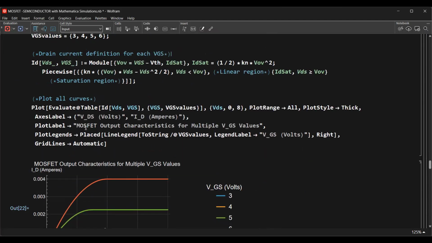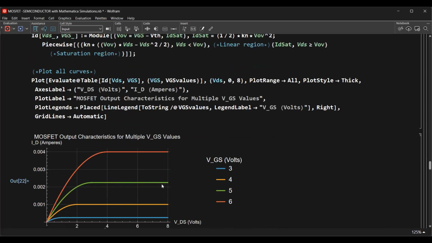Then plot all curves here. Evaluate a table of drain current for VDS and VGS, for all values of VGS: 3, 4, 5, 6, and VDS from 0 to 8. Plot range, all plot style thick.